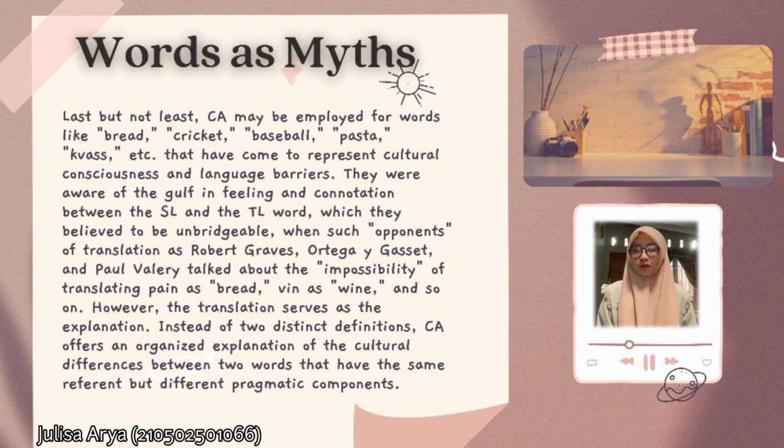They were aware of the gulf in feeling and connotation between SL and the TL word, which they believe to be unbridgeable. Such opponents of translation as Robert Graves, Ortega y Gasset, and Paul Valery talk about the impossibility of translating pain as bread, vin as wine, and so on.